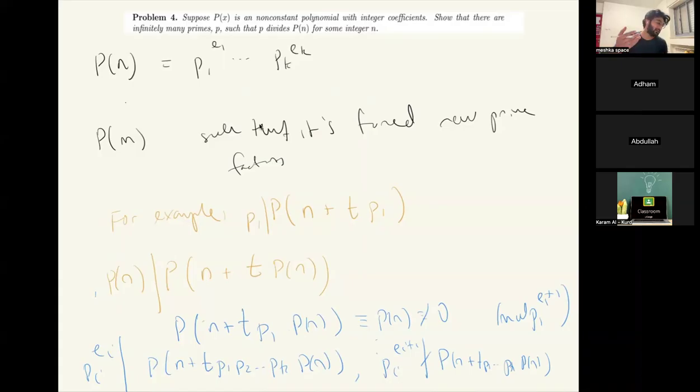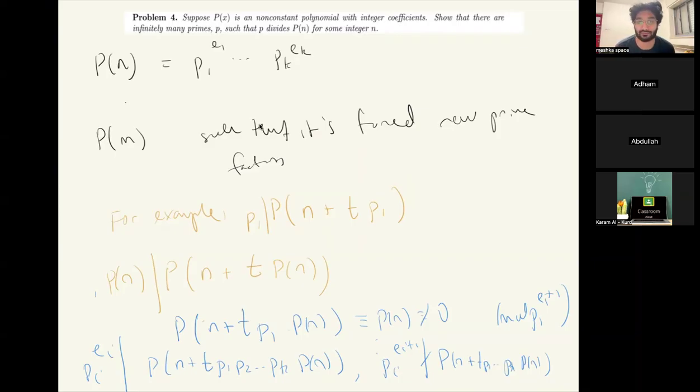It could also be the same, but whatever, just take t very large. Then you get a very big number, and it will have a new prime factor, because for some t it will not be equal to P1 to the E1 times PK to the EK. We need to rule out that case, but just take t very big. Okay, and that's the idea.